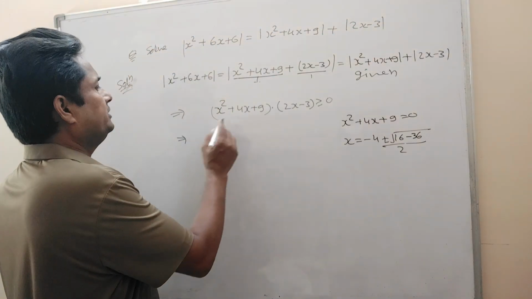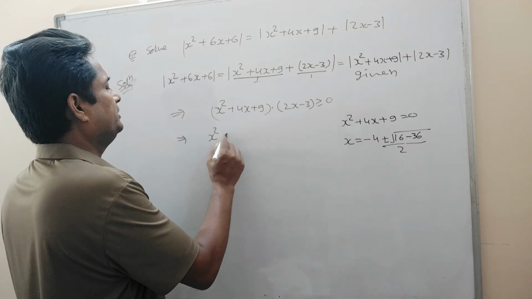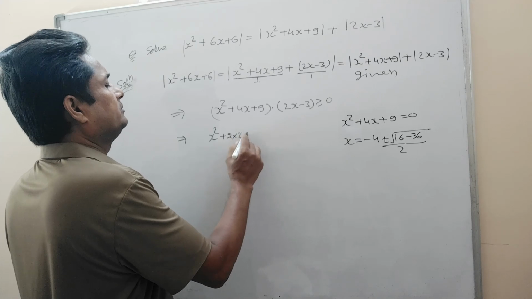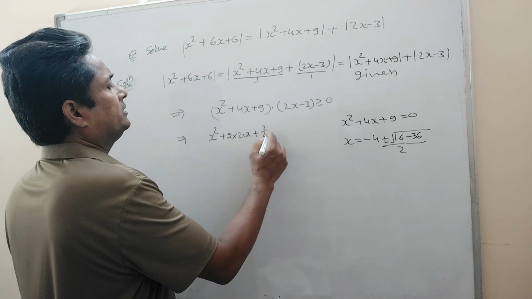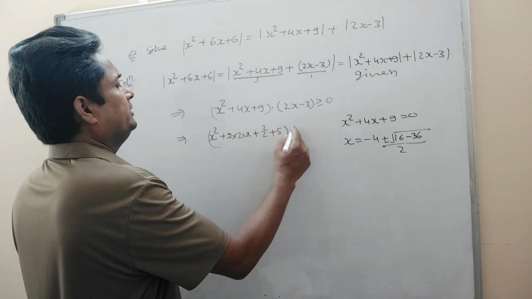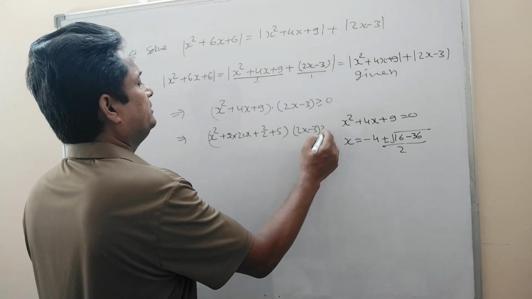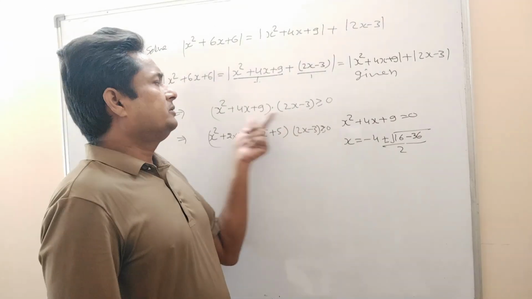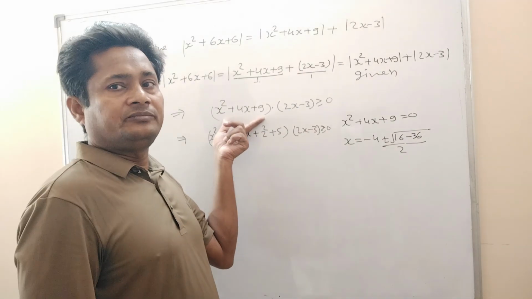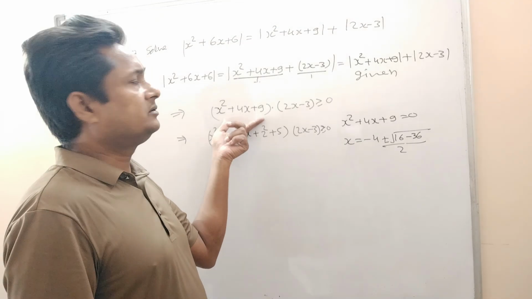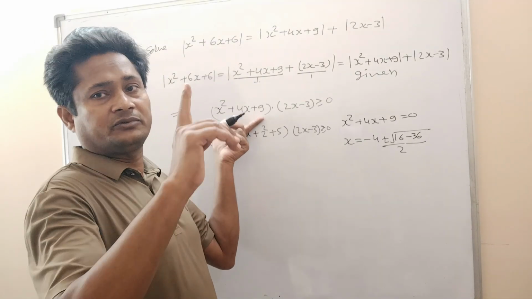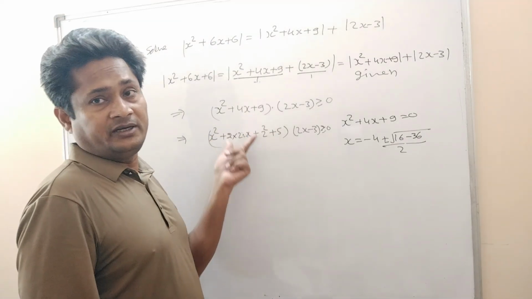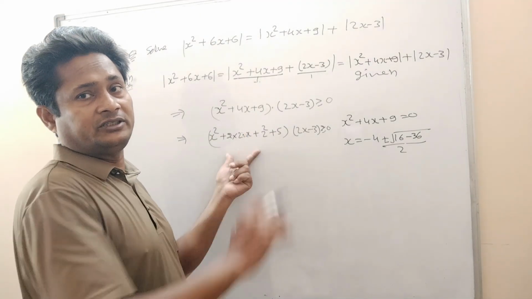That means this can be written as what? X square plus 2 into 2x plus 2 square plus 5 into 2x minus 3 greater than or equal to 0. This is giving an imaginary number, so this can be rejected. I told this type of question on the daily method. I'm telling how you reject this one.